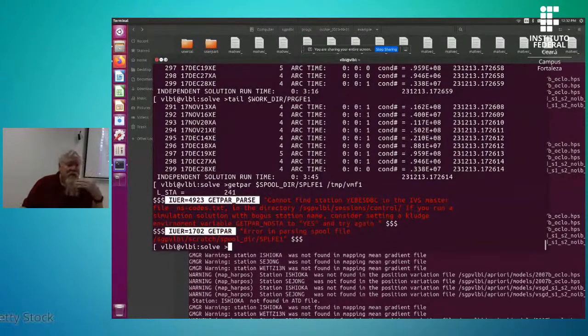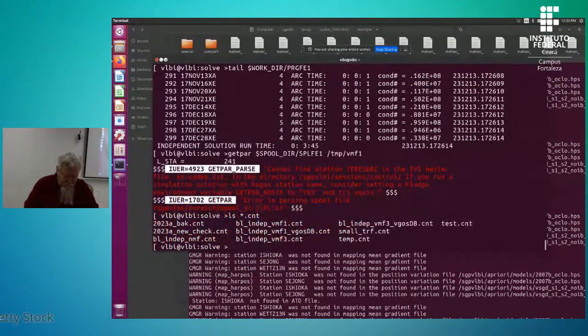So earlier this morning, I talked about doing a combined solution where we combine the data from many sessions to estimate station positions and velocities. So we're going to do that. If you look at your control files, there is a control file called smalltrf.cnt.